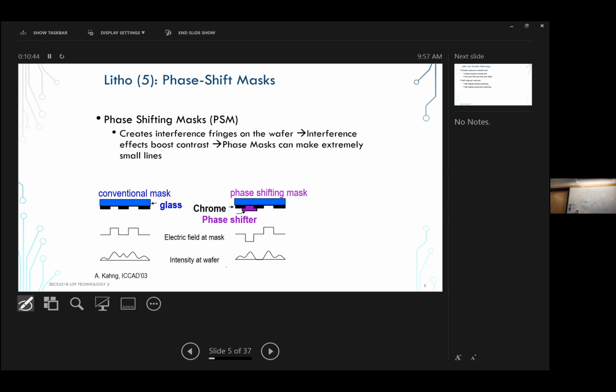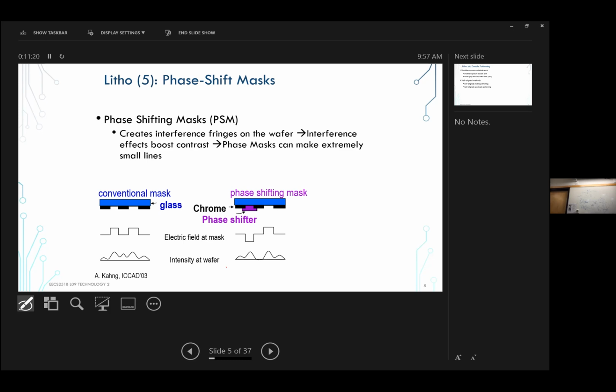Things that people started adding are these phase shifters, which is a different material in the mask that causes a 180-degree phase shift of light. So different diffraction coefficients, and the light essentially coming out of the two phase shifters in the mask is 180 degrees out of phase.